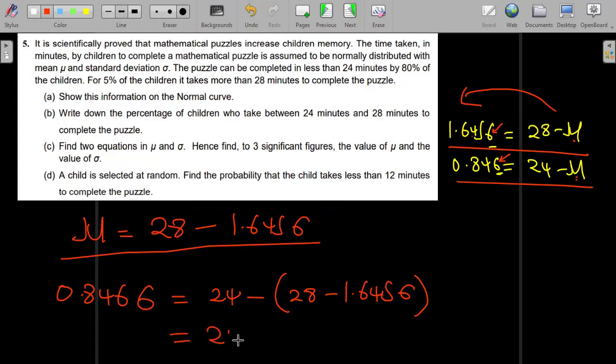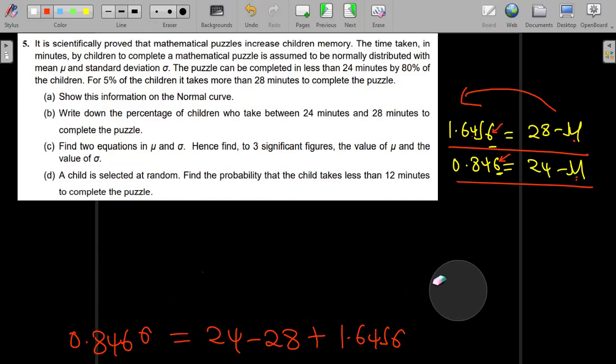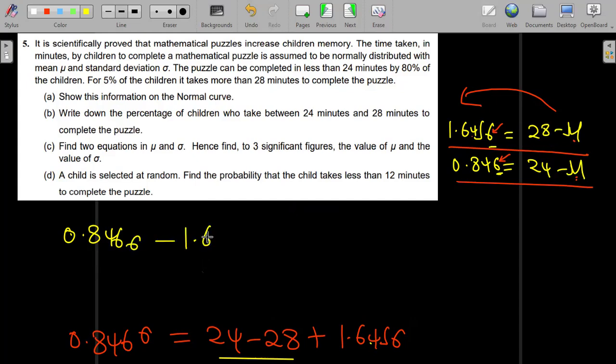So this will give me 24 minus 28 plus 1.645 sigma equals 0.846 sigma. We can manipulate this: that will just be minus 4. Then we take this to the other side, so it will be 0.846 sigma minus 1.645 sigma is equal to 24 minus 28, which is minus 4.